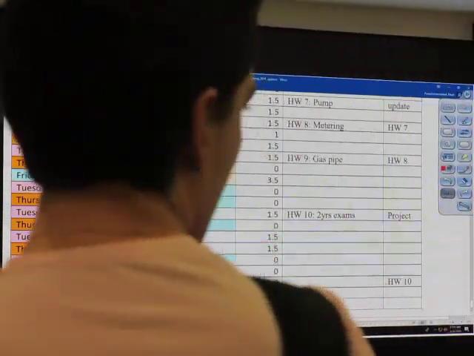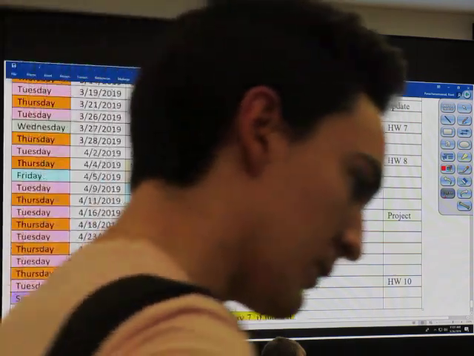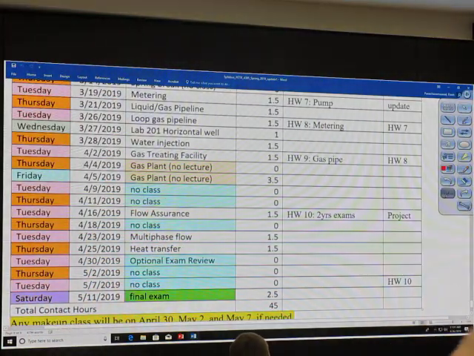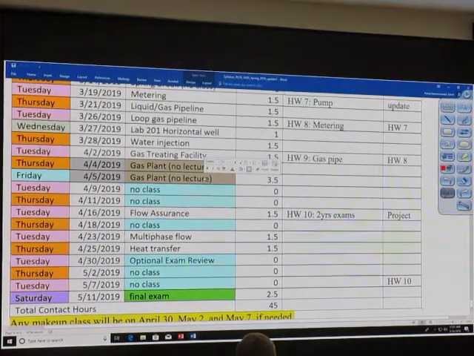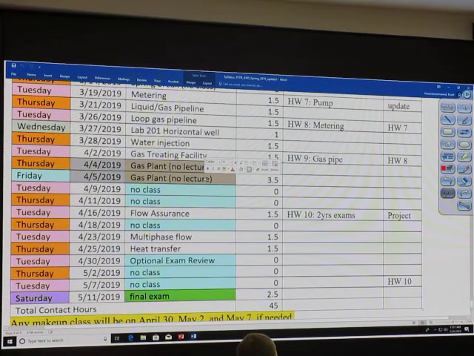Okay, another one about next week: we have a field trip to the gas plant. Both Thursday and Friday, I will go on both days. You will select one of them, either Thursday or Friday. A couple of you already told me you have university commitments on one of the days, so it's fine.